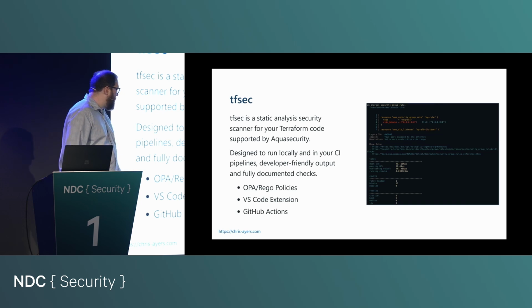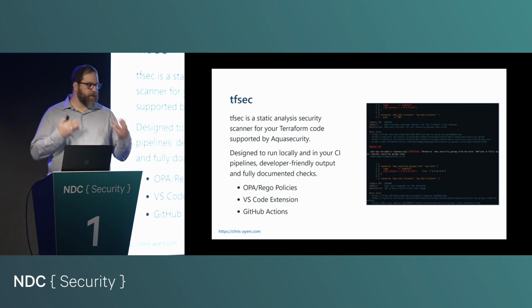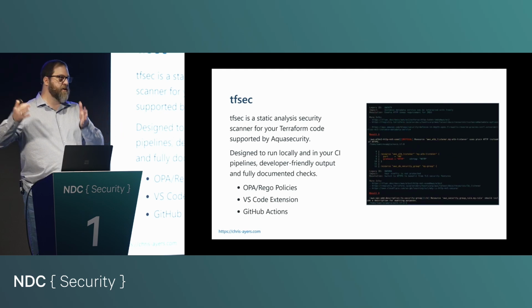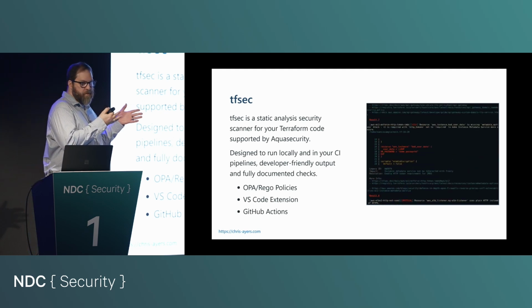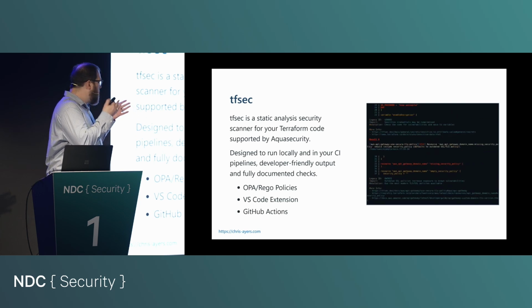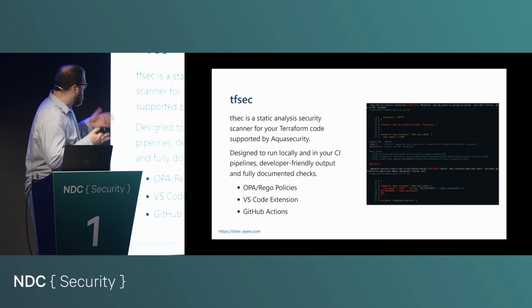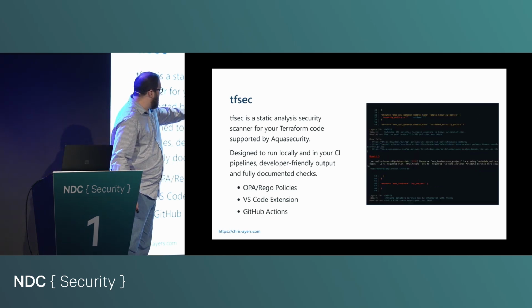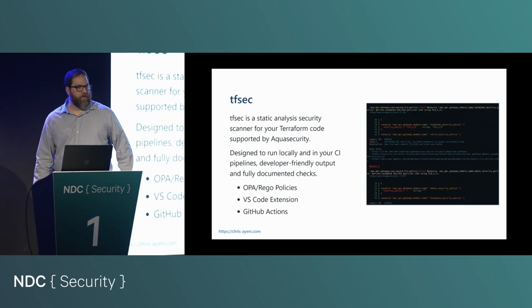It also integrates with GitHub Actions, and then we can use the PR commenter to add any passing or failing test information onto the PR so you can see it right during the PR discussion. You can see here some of the failing results of the tfsec scan.